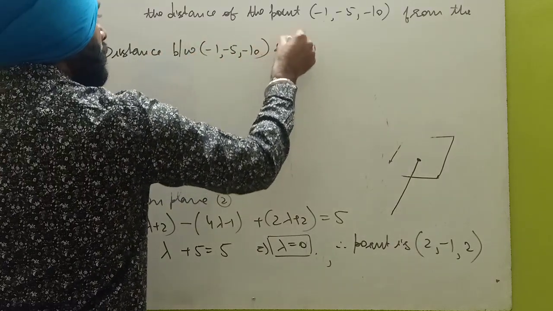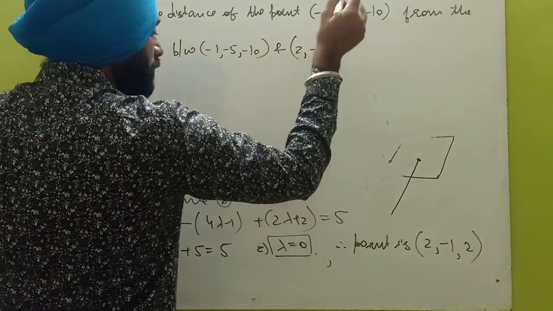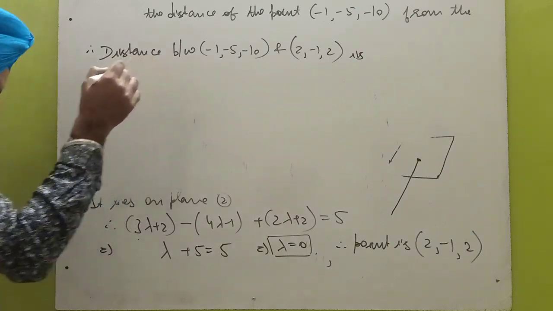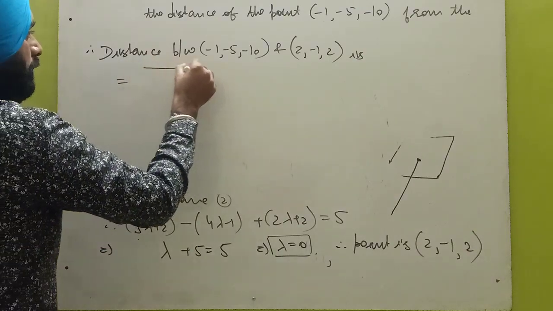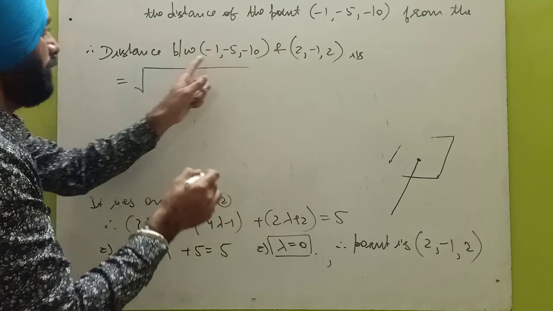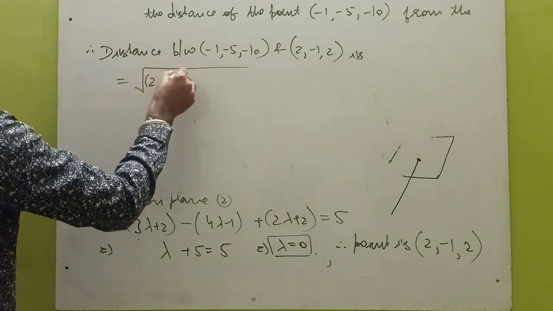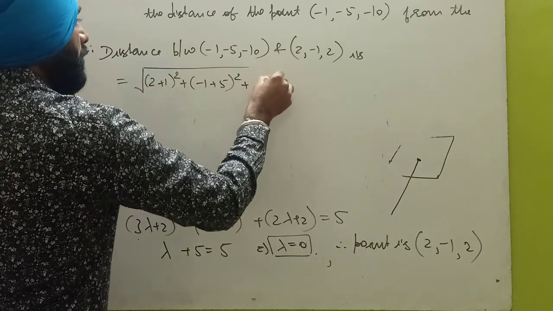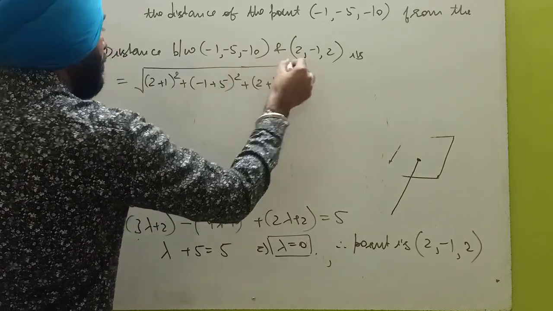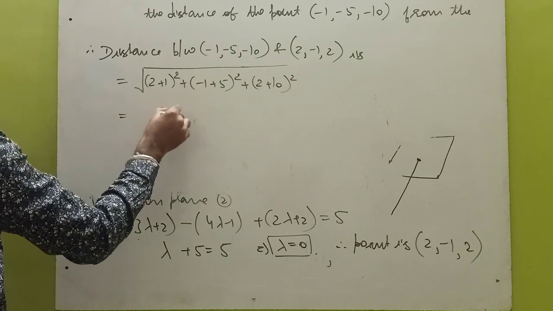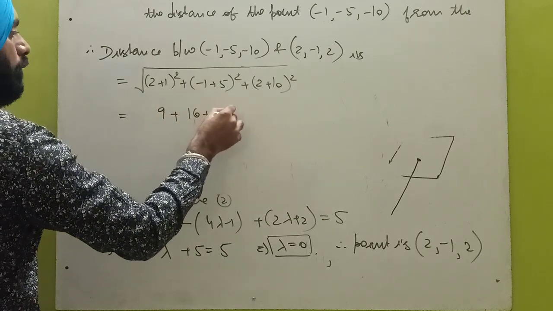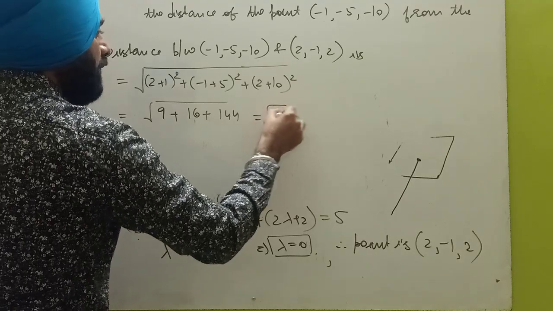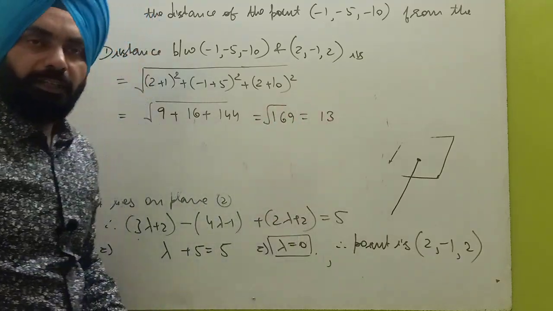Therefore, the distance between the point of intersection (2, minus 1, 2) and this point, apply the distance formula between 2 points: under root of x2 minus x1 whole square, 2 plus 1 squared, plus y2 minus y1 whole square, plus z2 minus z1 whole square. So there is 9 plus 16 plus 144, which is equal to under root of 169, and that is 13. So this is a very important question.